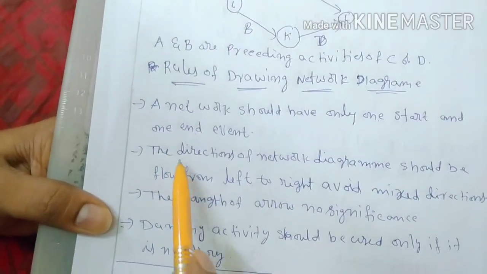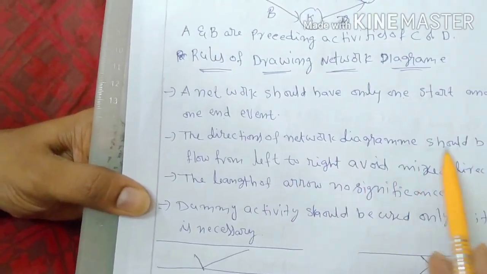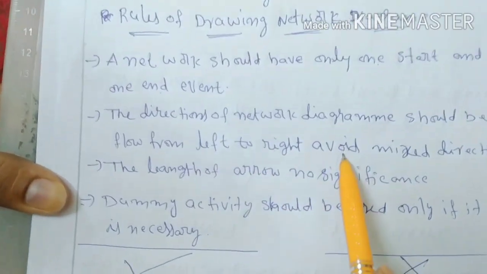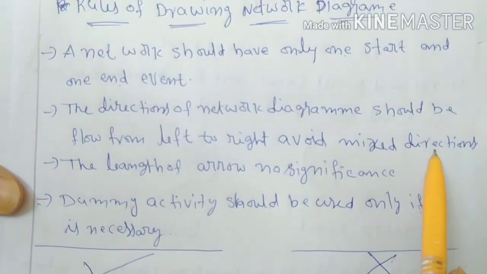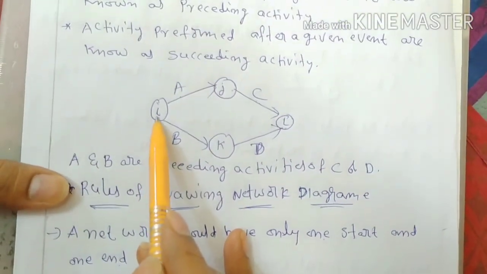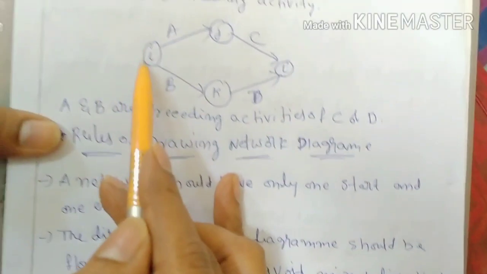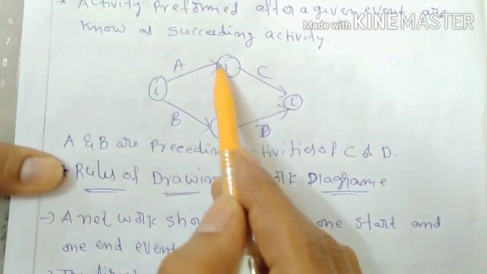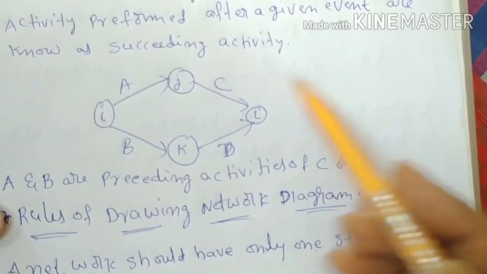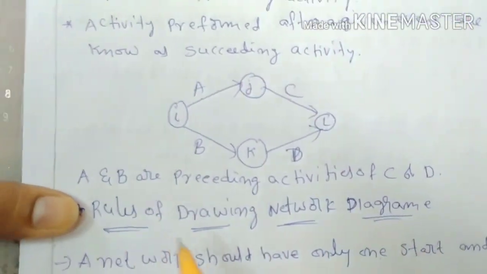Next, the direction of the network diagram should flow from left to right, avoiding mixed directions. That means the network diagram should always go from left to right. Look at these arrows. The network diagram needs to move in left to right directions.